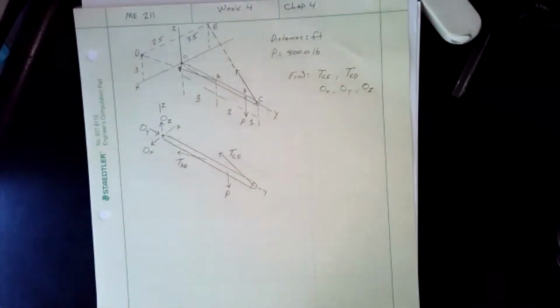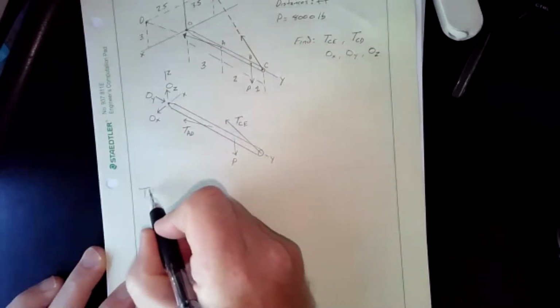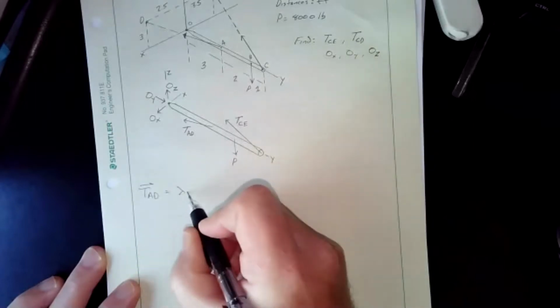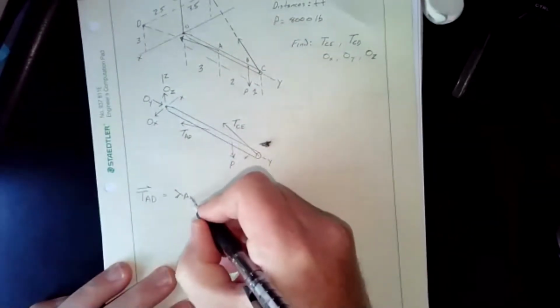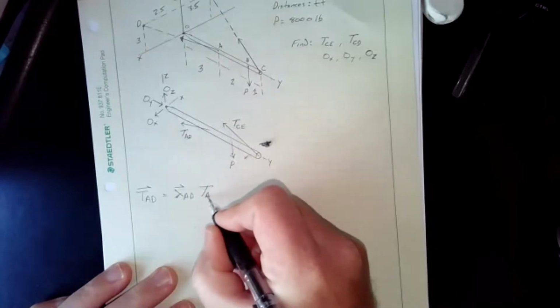The first thing we want to know is, what are the tension vectors? Just like we did in chapter 2, we know that tension AD is equal to lambda AD times the scalar AD.